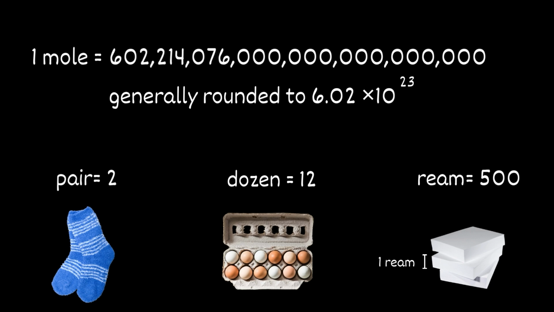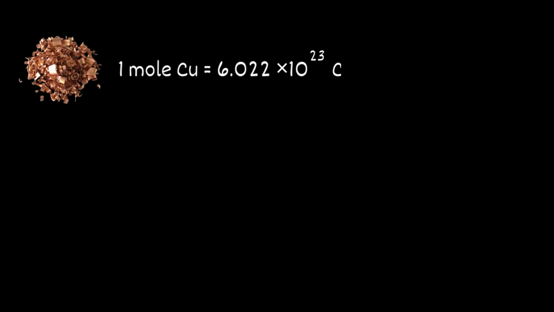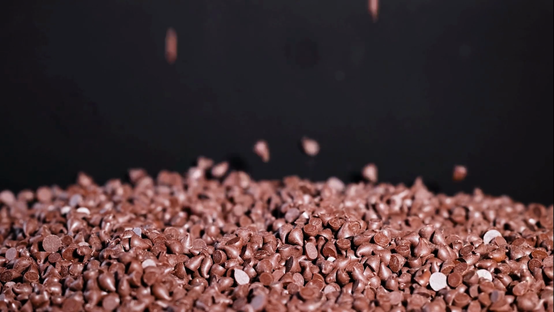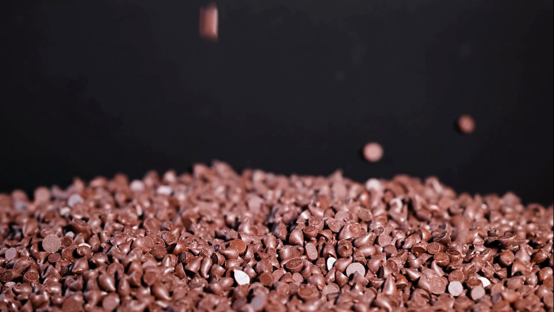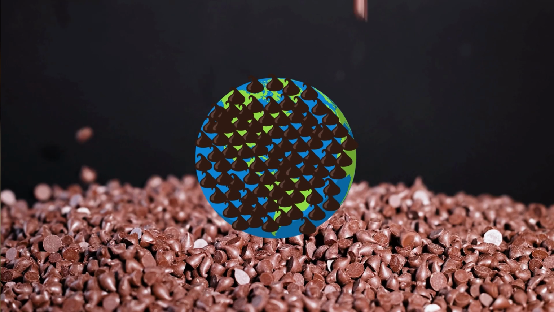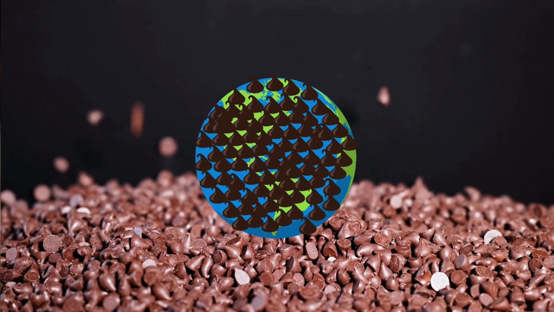So if we have 1 mole of copper, we have 6.02 times 10 to the 23 copper atoms. If we have 1 mole of salt, we have 6.02 times 10 to the 23 salt molecules. And if we have 1 mole of chocolate chips, we have 6.02 times 10 to the 23 chocolate chips, which is an absolutely absurd number and is more than enough to fill the entire Earth with chocolate chips.